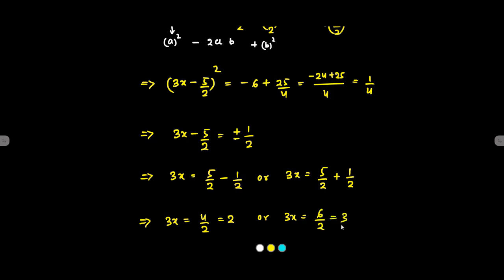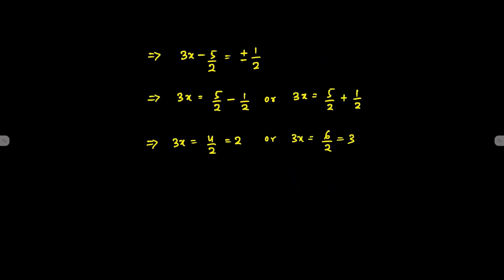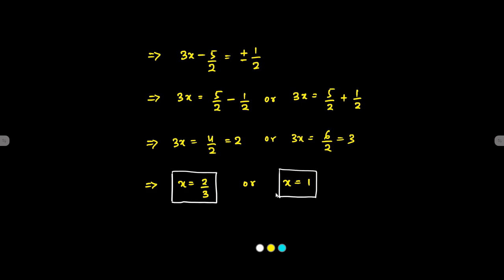Now we have to find the value of x. So x is equal to 2 by 3, or x is equal to 3 by 3, which is equal to 1. So x can be equal to 1, or x can be equal to 2 by 3. These are the two possible values.